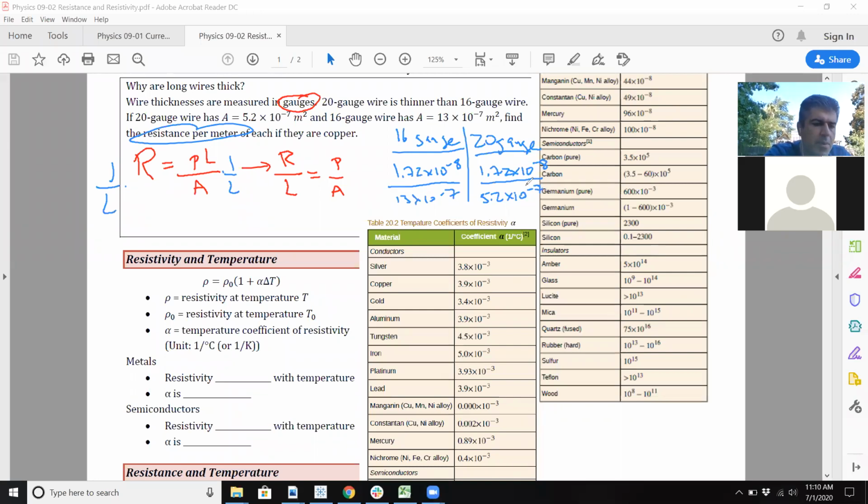And if you were to compute that, for the 16 gauge wire, you would get 0.013 ohms per meter. And for the 20 gauge wire, you get 0.033.